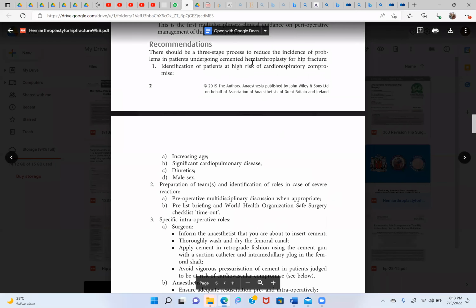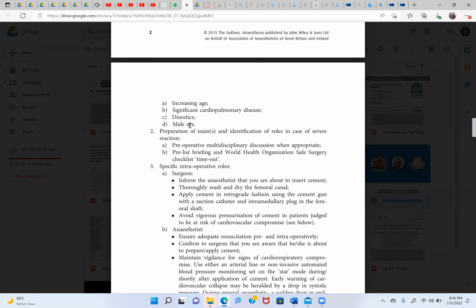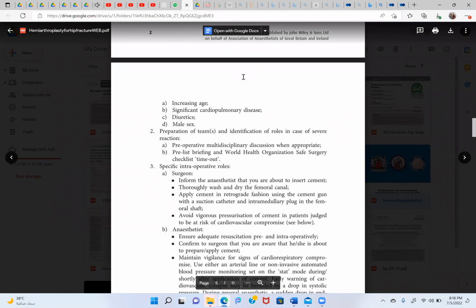The factors that cause more cardiovascular compromise are increasing age and significant cardiopulmonary disease. Patients taking diuretics. Why? What is the problem related to diuretics? Yes, please. Anyone?